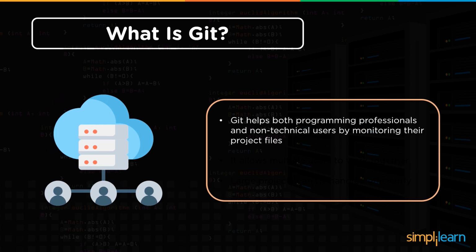Git can be useful both for programming professionals like developers and for non-programming professionals also. As a DevOps engineer, even if you are not doing programming, you can still use Git repositories for keeping your files, your source code, your scripts. You can store Ansible scripts, Puppet scripts, Python and shell scripts.